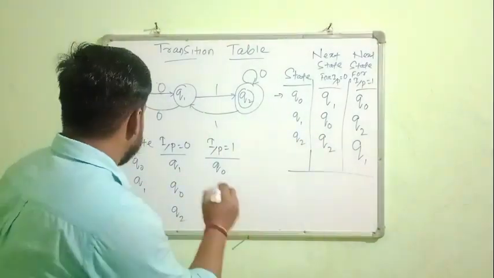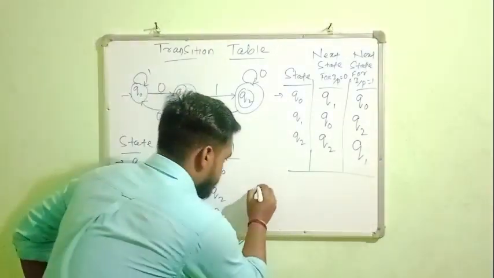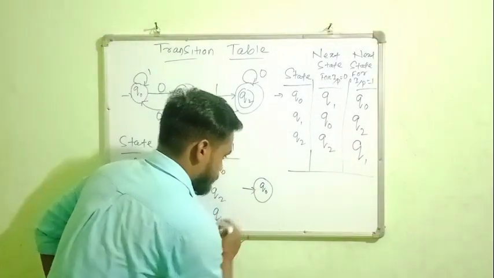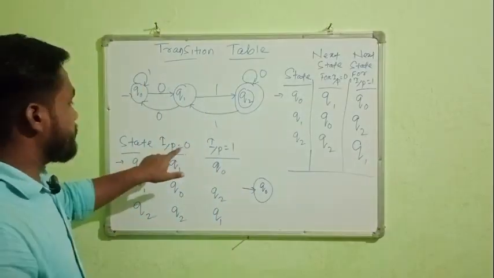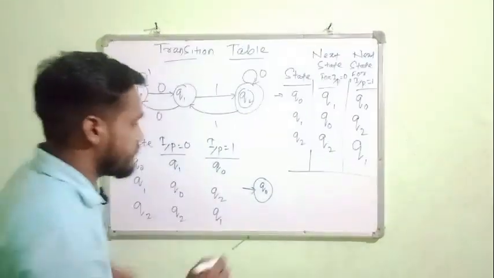So have a look. First of all, we will write the initial state, that is Q0. If we put 0 as input in Q0, it will arrive at Q1.